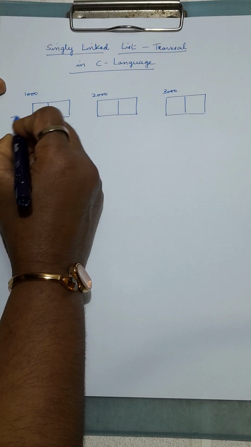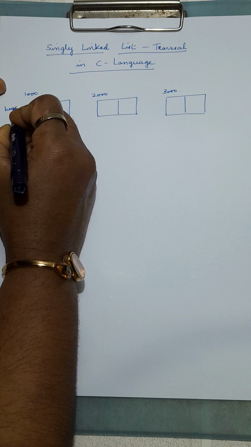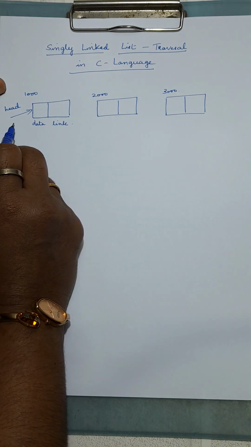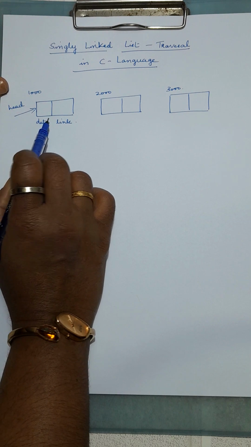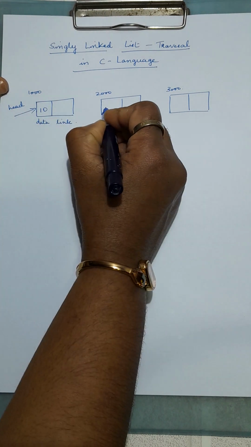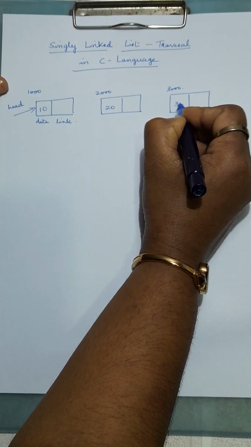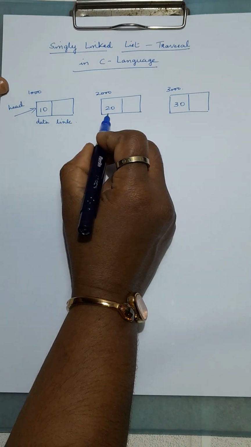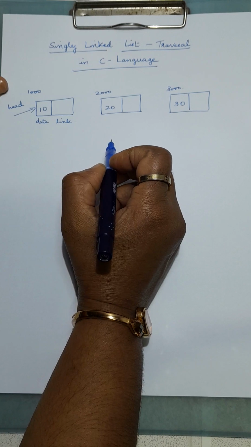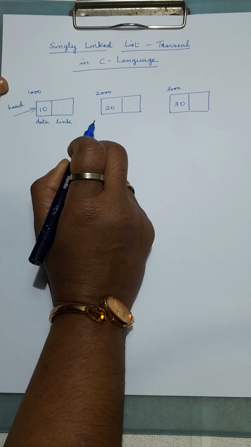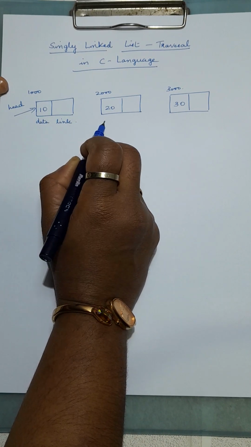Now, with the help of the head pointer, we had allocated the data to the first node 10, second node 20, third node 30. The values within the second and third nodes were entered with the help of the temp node, if you remember the previous class video.